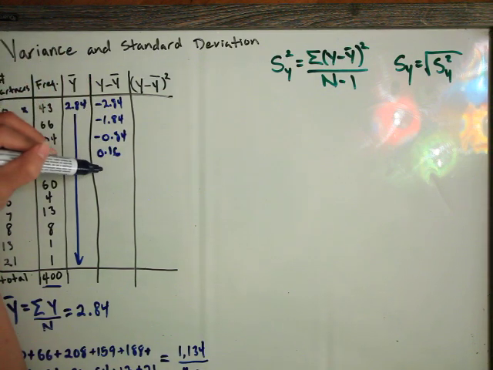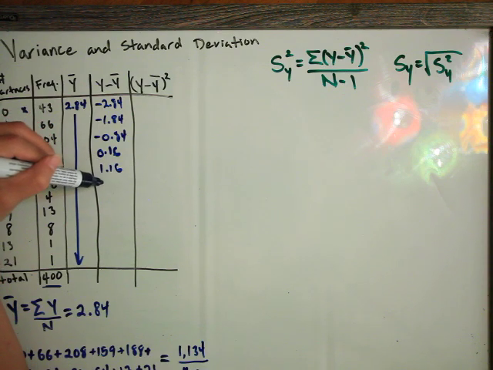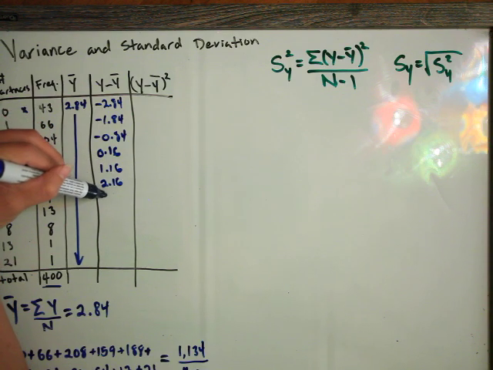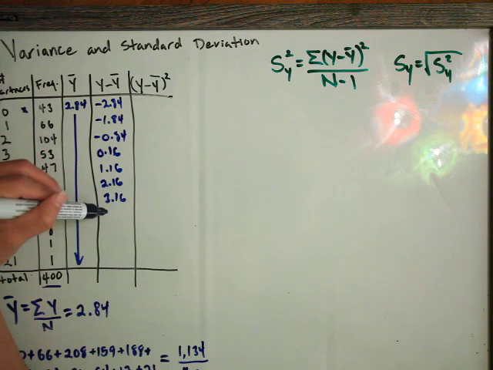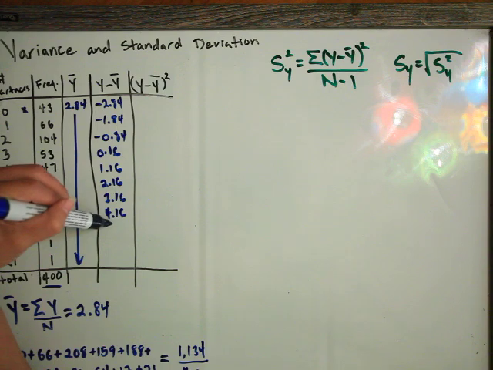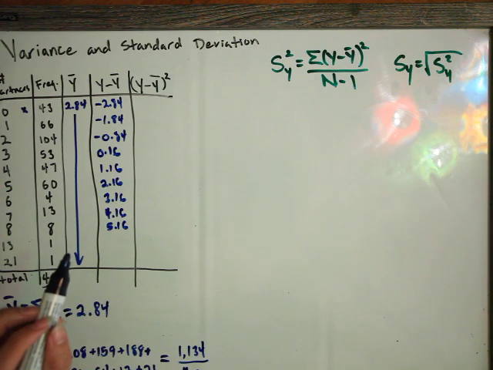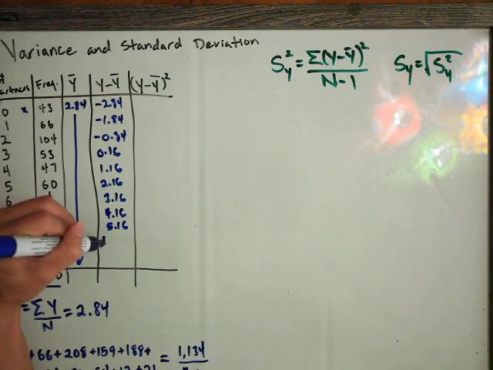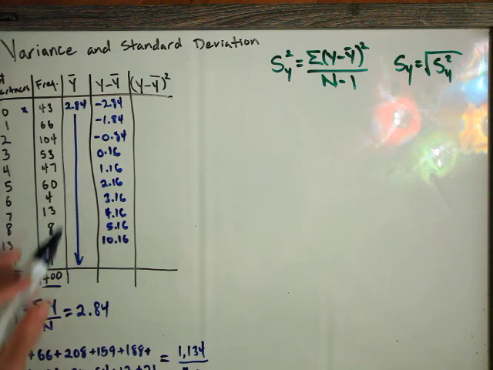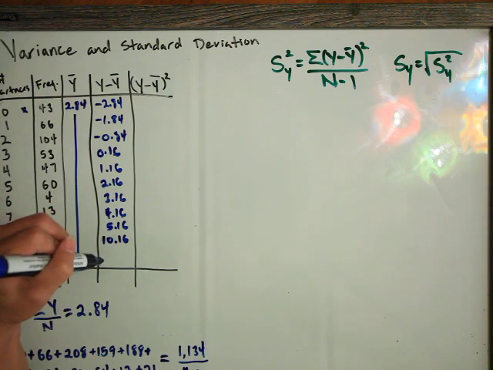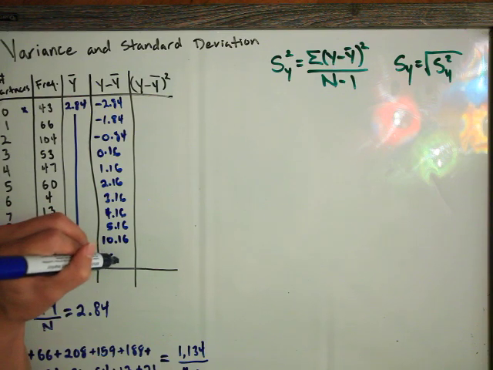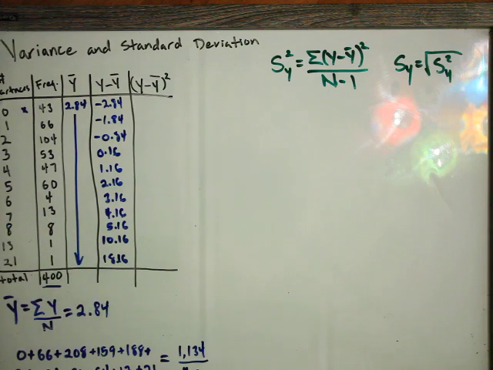Then we do that all the way down. So this is 1.16, 2.16, 3.16, 4.16, 5.16, then 13 minus 2.84 is 10.16, and 21 minus 2.84 is 18.16. Now we have our y minus y bar column filled out.